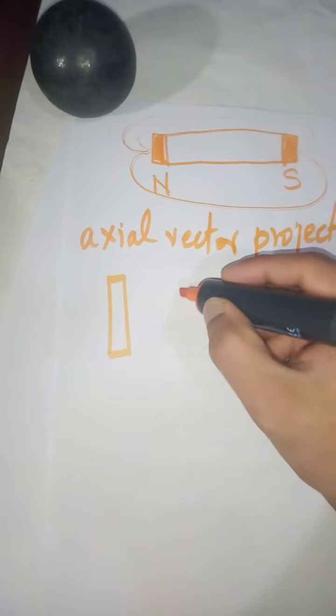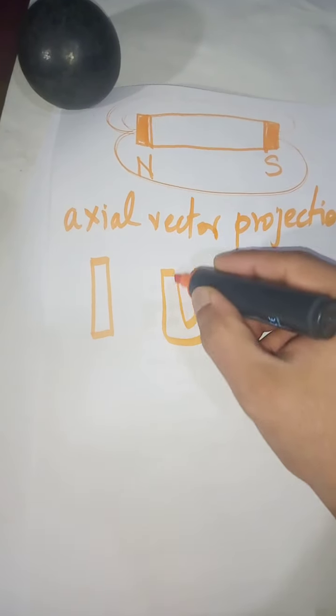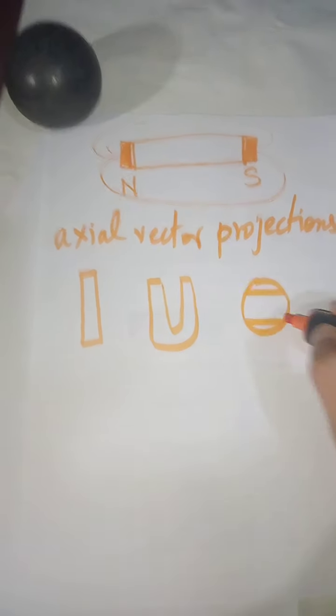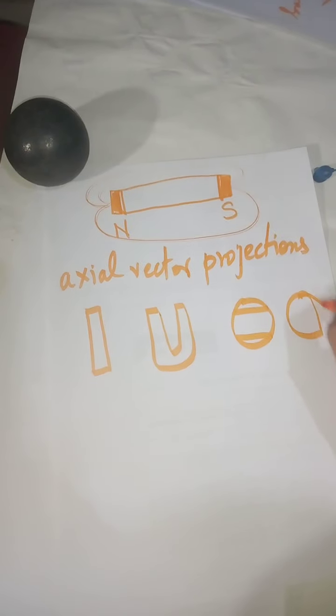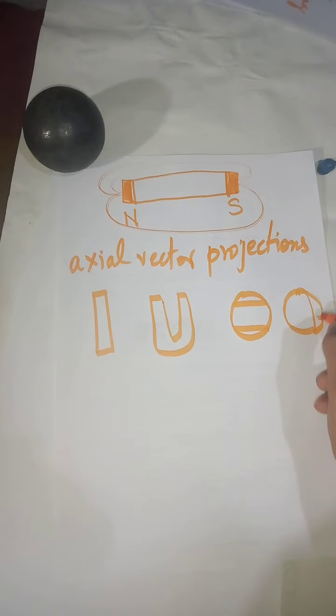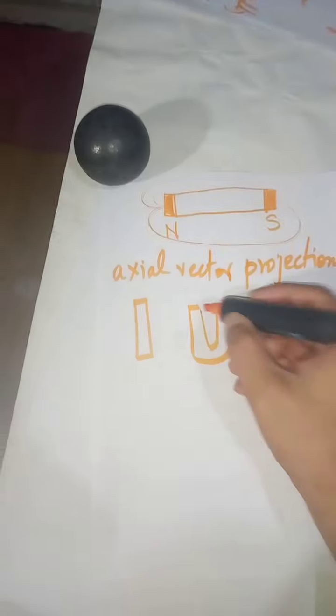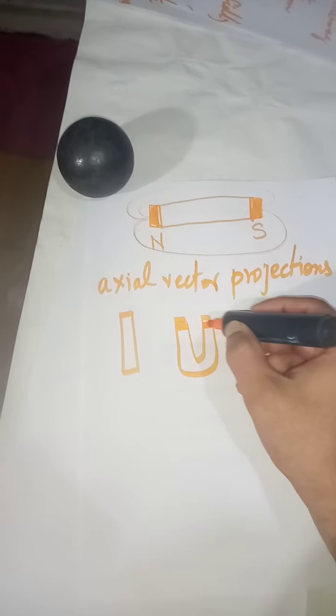And then I say, you don't just have bar magnets. You've got horseshoe magnets, circular magnets, and disc magnets. A magnet may be of any kind, but it'll always be dipolar.